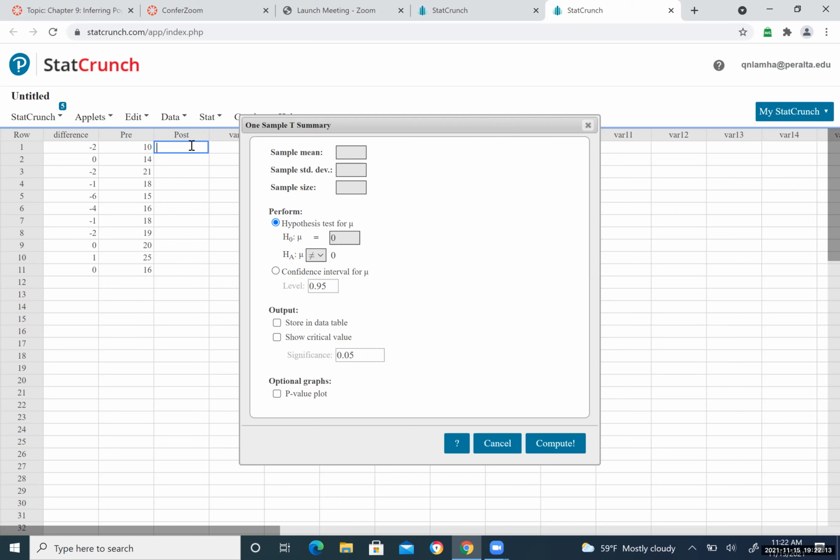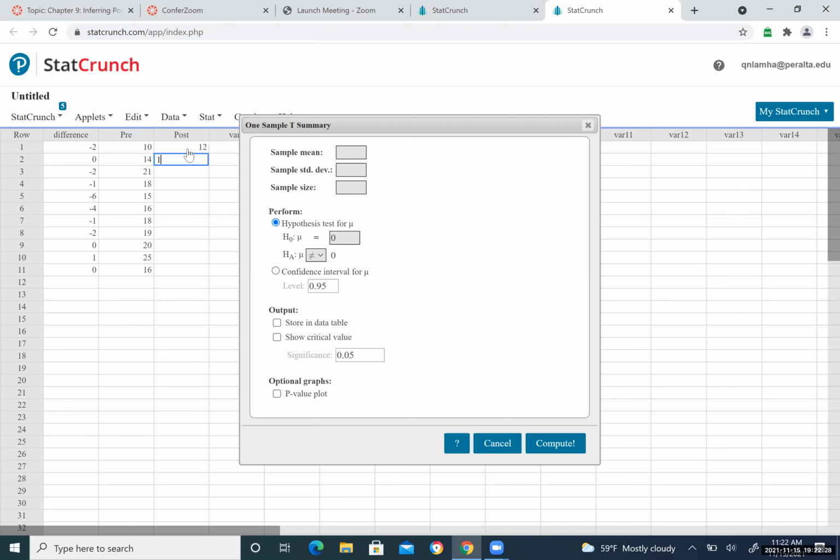Okay, have a post. So you help me type it in. You just follow it. Just do the same steps as I do if you want to follow along.